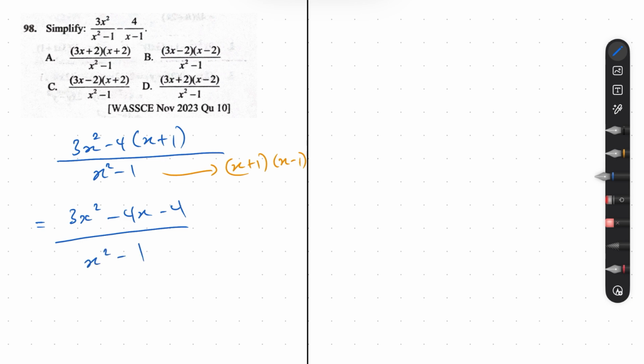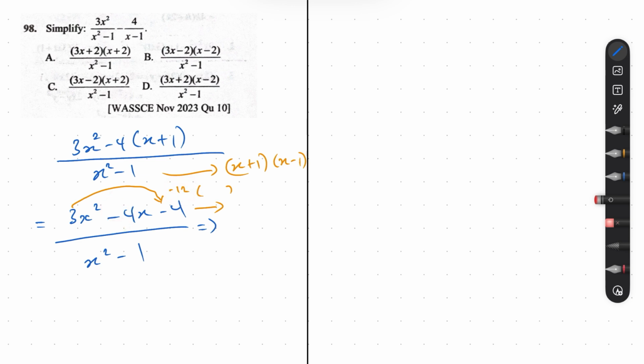Okay, cool. Now let's try to factorize this numerator. We multiply the coefficient of x squared by the constant, which is 4. We have negative 12. What two factors, when we multiply them, give negative 12, and when we add them, give negative 4?